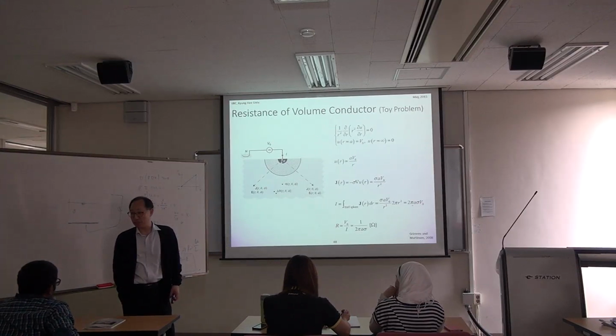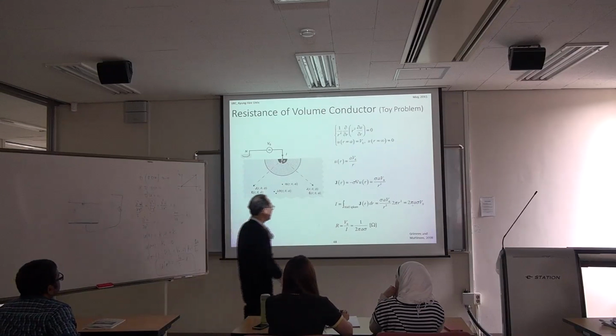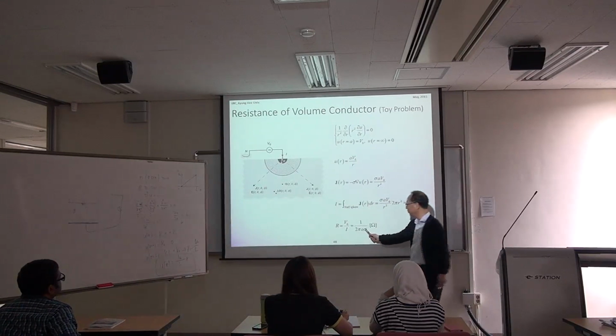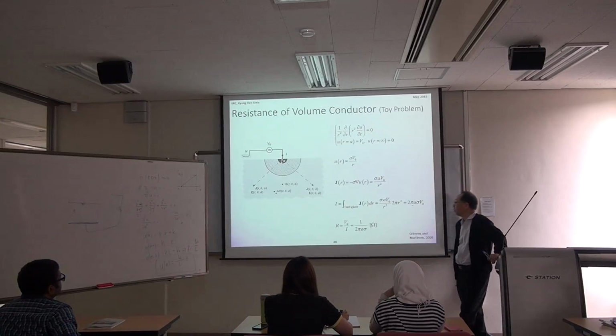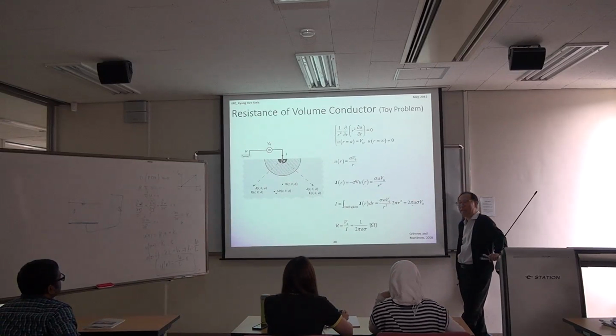Then we have the resistance. Surprisingly, the resistance is this value: 1/(2 pi A sigma). Strange. What is strange here?